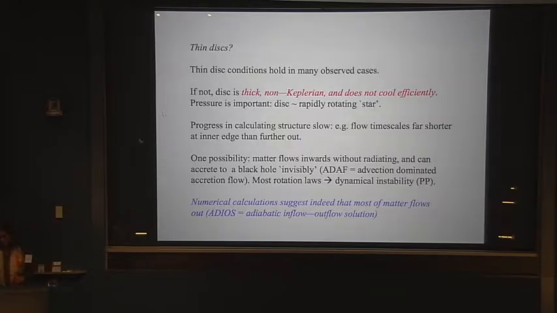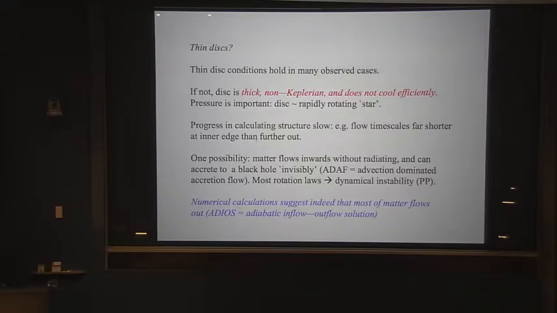And numerical solutions have shown that that sort of analytic model roughly works, except that one of the key features that we are not able to capture in these simple analytic models is what fraction of the gas that actually goes in gets pushed out in outflow.